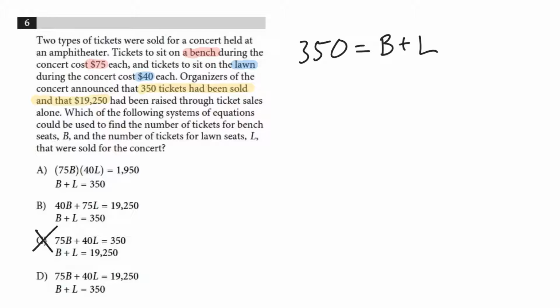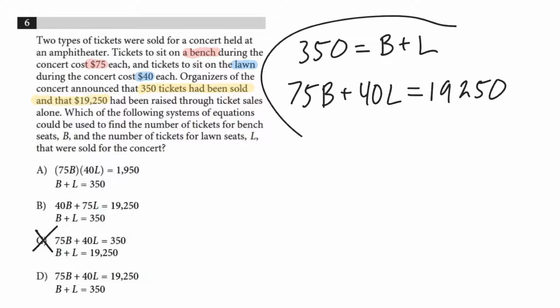So bench tickets were $75 times the number of bench tickets, plus the lawn tickets were $40 times the number of lawn tickets, and we know that that equals 19,250.